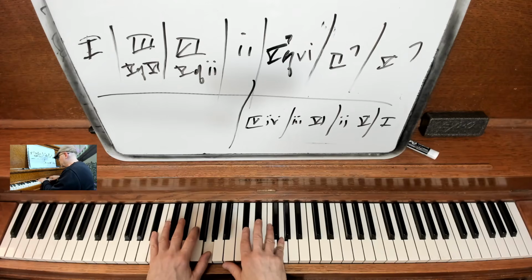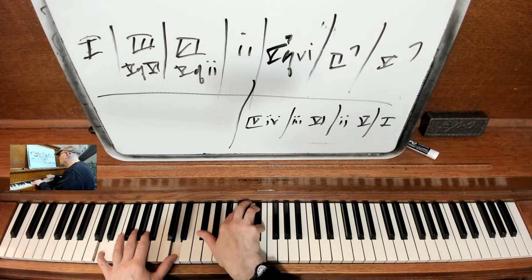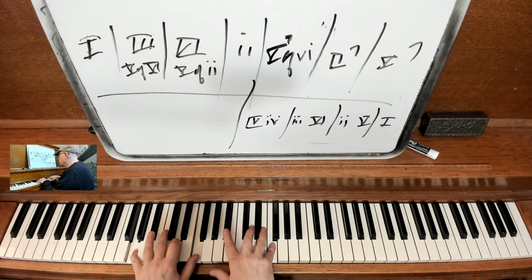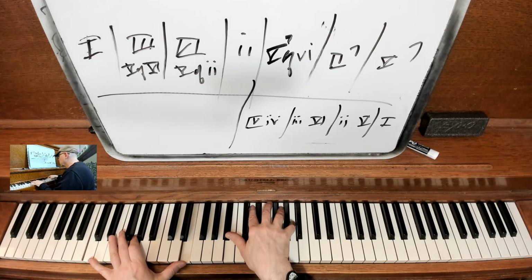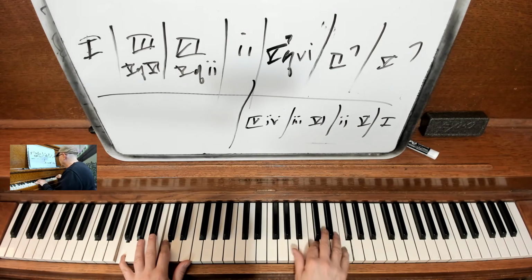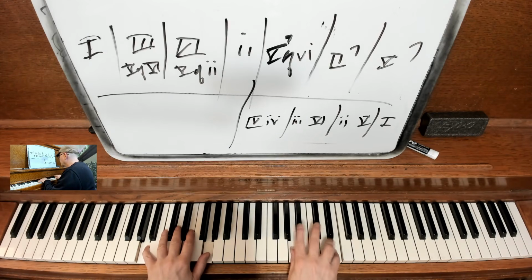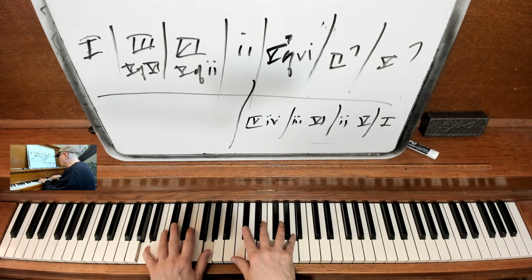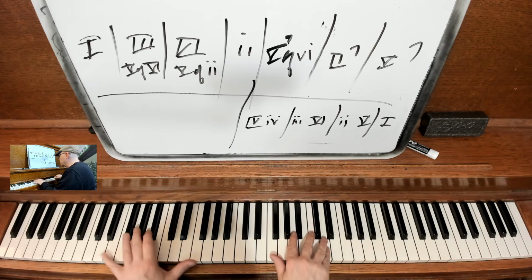B flat, minor 6, A minor, D, G minor, C. So there's F. And that also helps if you know the chord, right? It's easier to get the melody notes because you know, oh, I'm just outlining the melody.